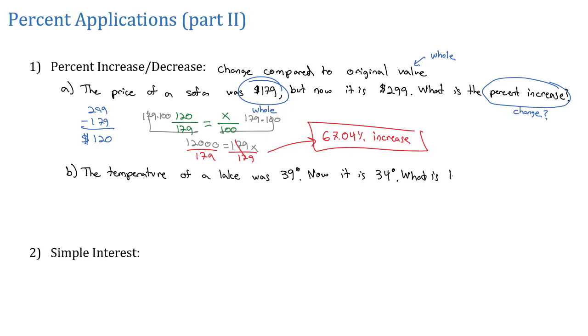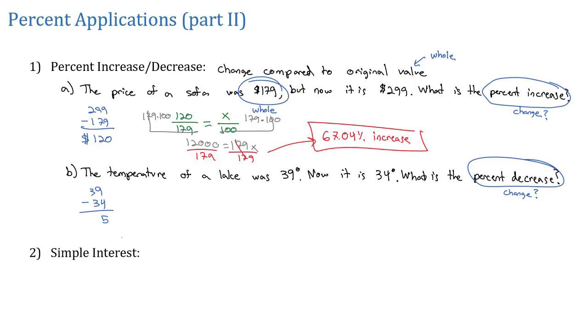What is the percent decrease? Again, we see that keyword percent decrease. That should cue my brain to ask, what is the change? How much has the temperature changed? It was 39. Now it's 34. It's changed by 5 degrees.